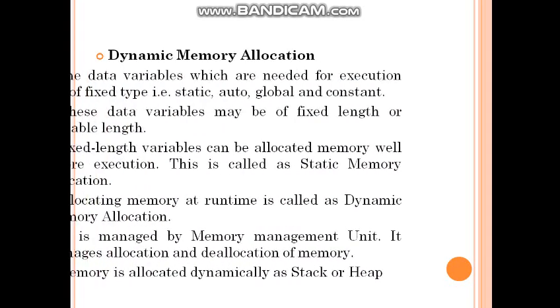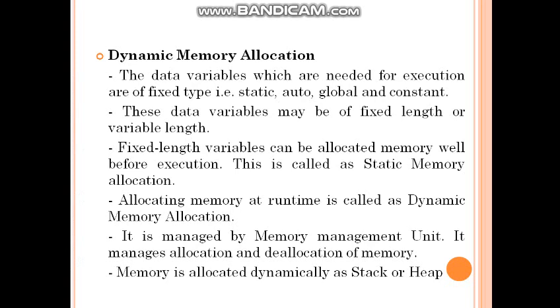The dynamic memory allocation. Next topic is the dynamic memory allocation. In dynamic memory allocation, the data variables which are needed for execution are of a fixed data type, that is static, auto, global, and constant.